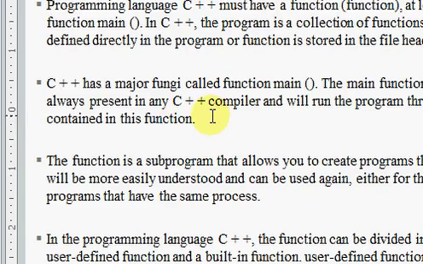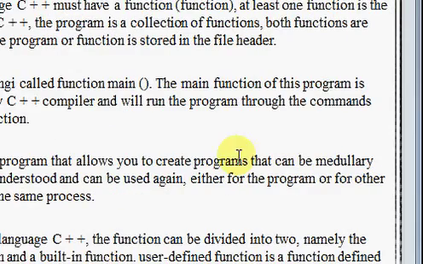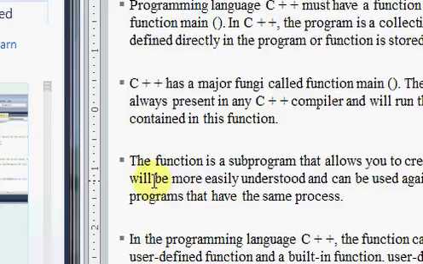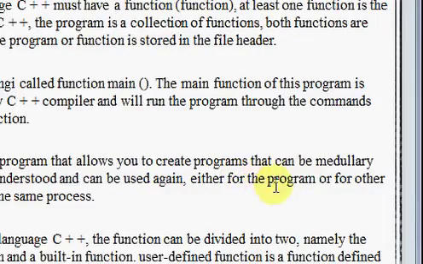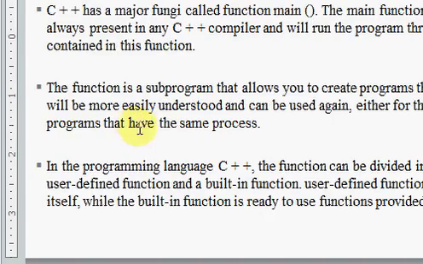A function is a subprogram that allows you to create programs methodically, so they will be more easily understood and can be used again, either in the same program or in other programs that have the same process.